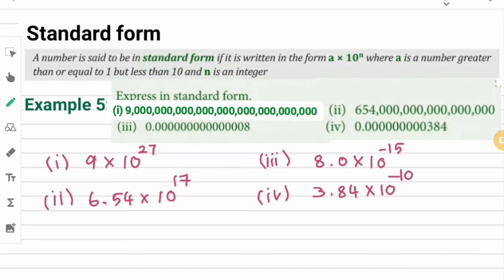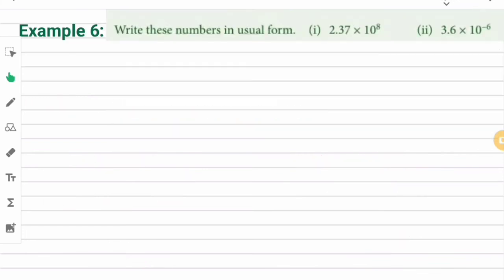So you may see, if you are moving the decimal towards left side, the power is positive. If you are moving a decimal towards right side, the power is negative. Nothing. Here I multiplied, here I divided. That's it. Okay? And now, the next example.